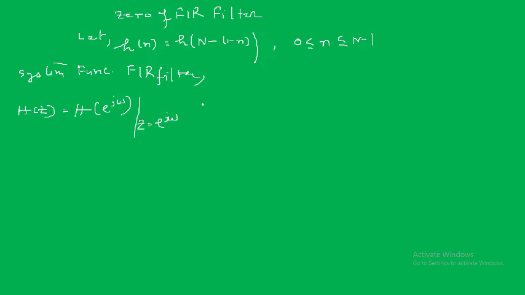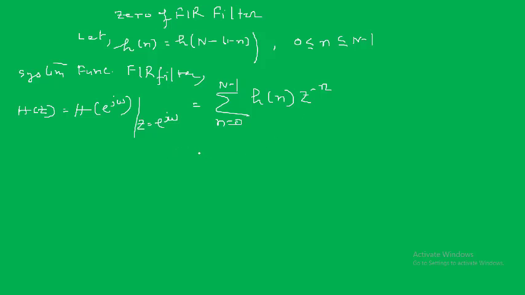This is basically representing the unit circle. That is equal to summation n equal to 0 to N minus 1 of h of n z to the power minus n. If you look at this equation, this is nothing but the equation of a simple z transform.